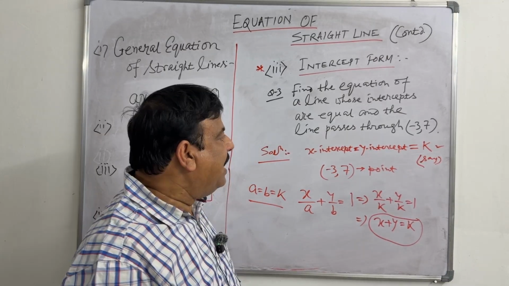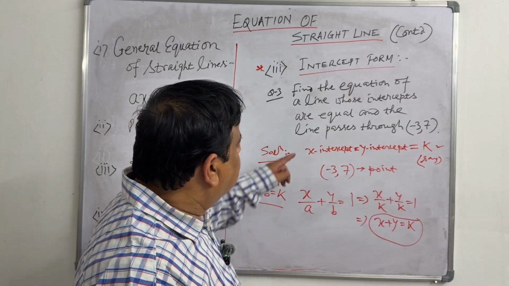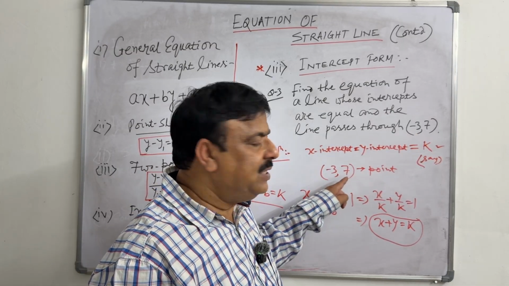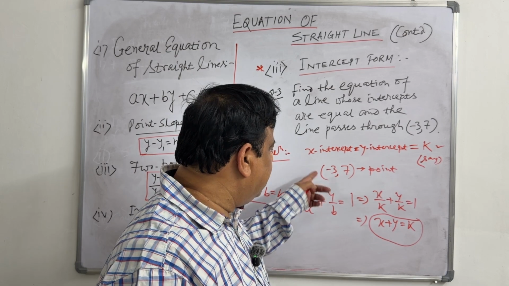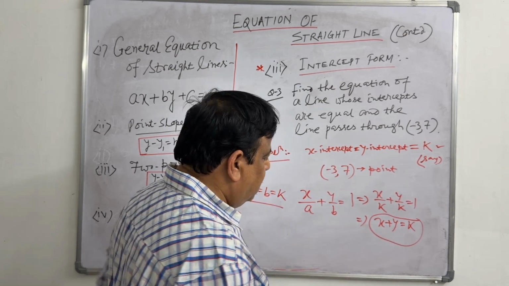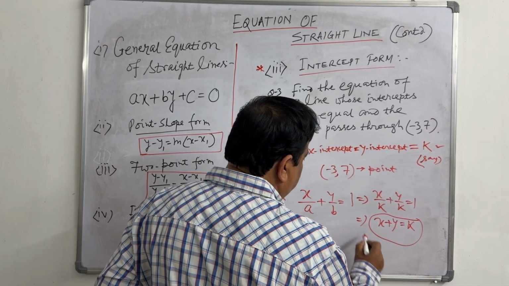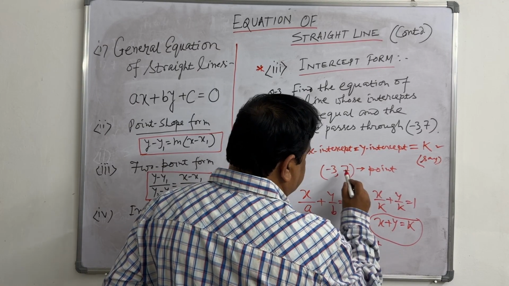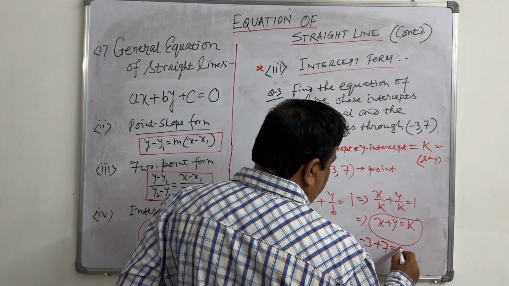Now another point is given, that is the line is passing through the given point minus 3, 7. So obviously this point will satisfy this equation. So if you put the values, what is x? That is minus 3, plus what is y? That is 7, that is equal to k.